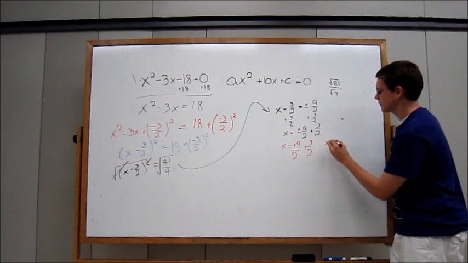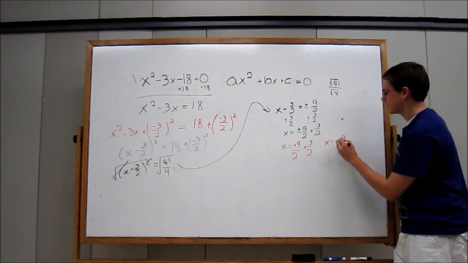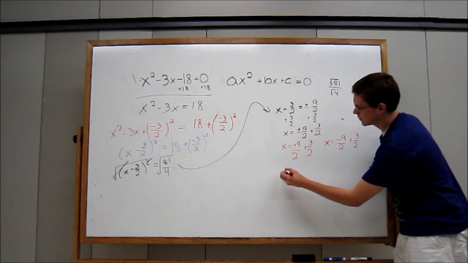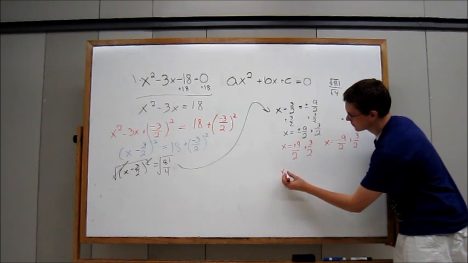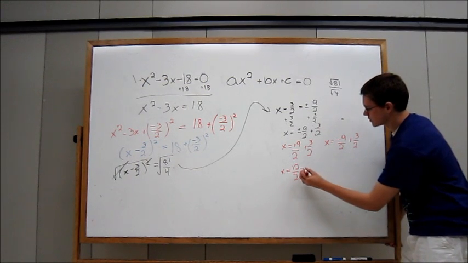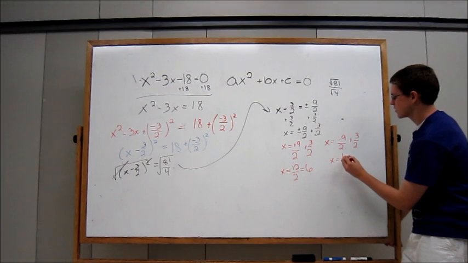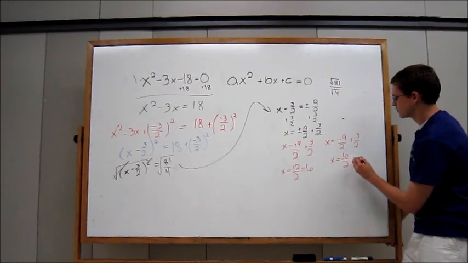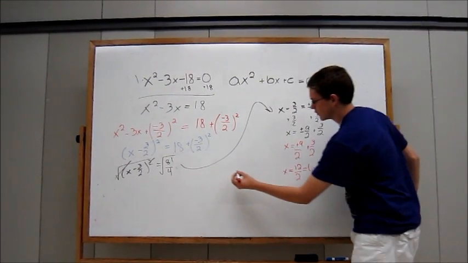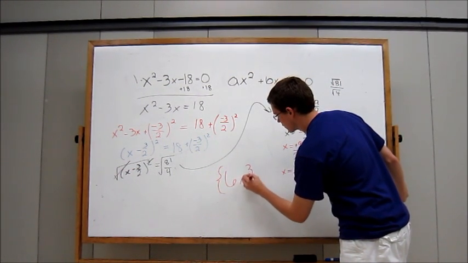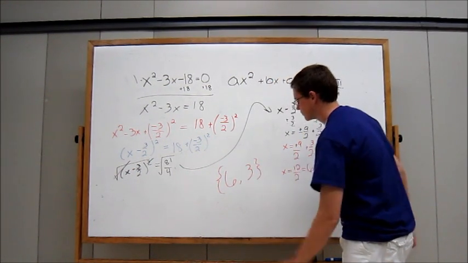And in the second case, we have x equals negative 9/2 plus 3/2. Here we get x equals 12/2, which equals 6. And here we get x equals 6/2, which equals 3. So your answer comes out to be 6 and 3.